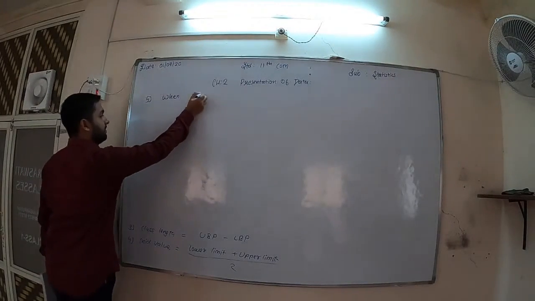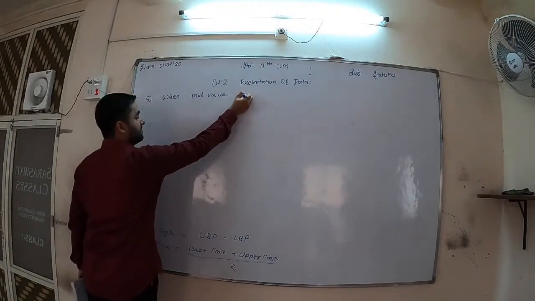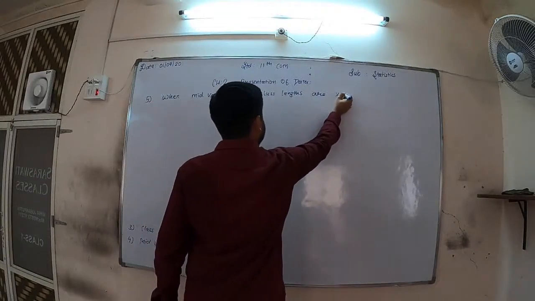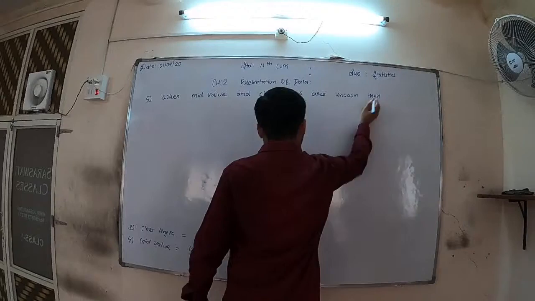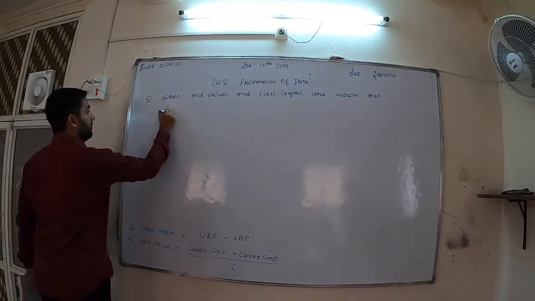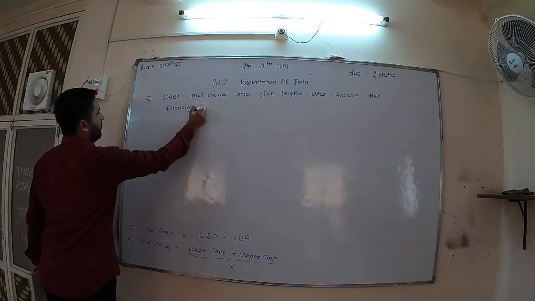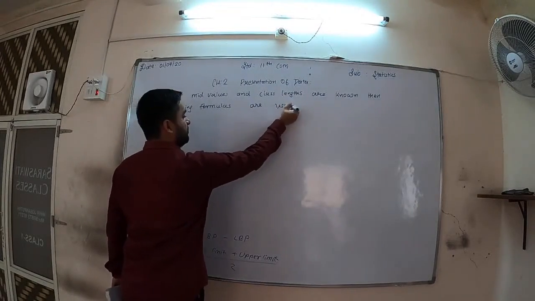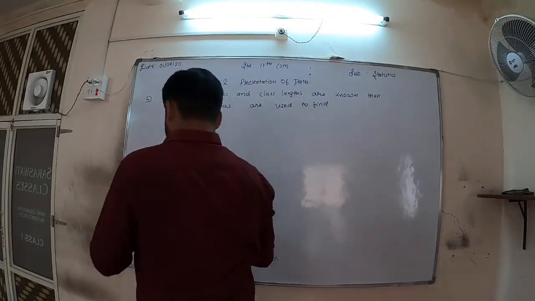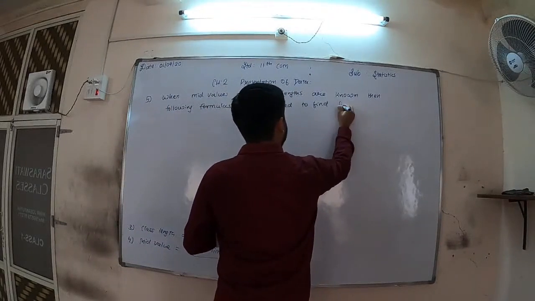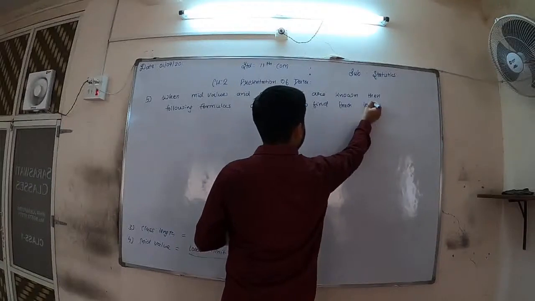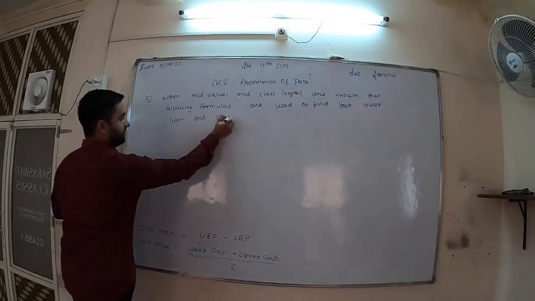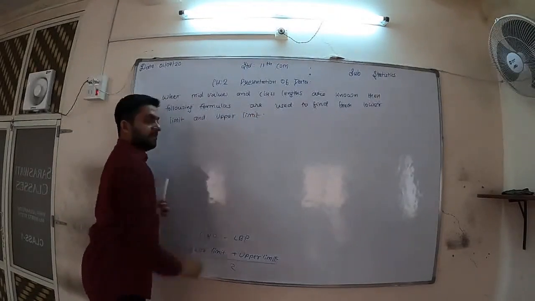When mid values and class lengths are known, then the following formulas are used to find the lower limit and upper limit.